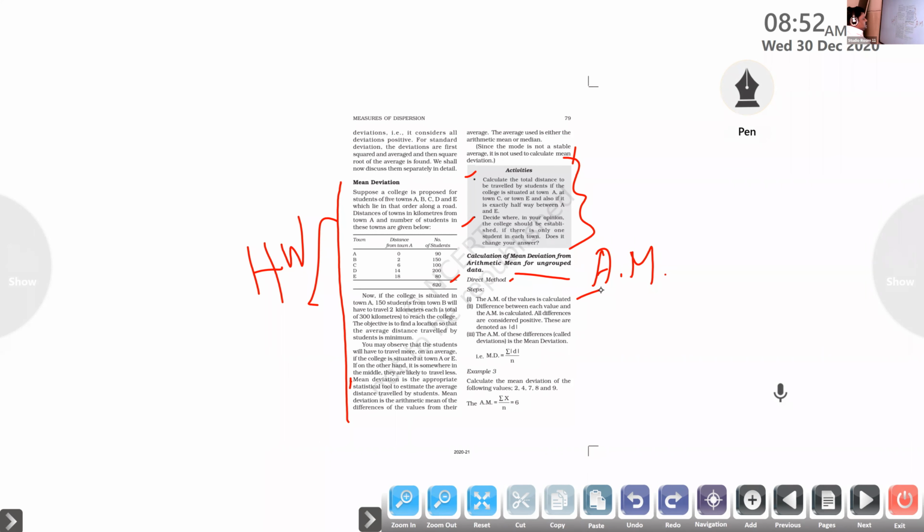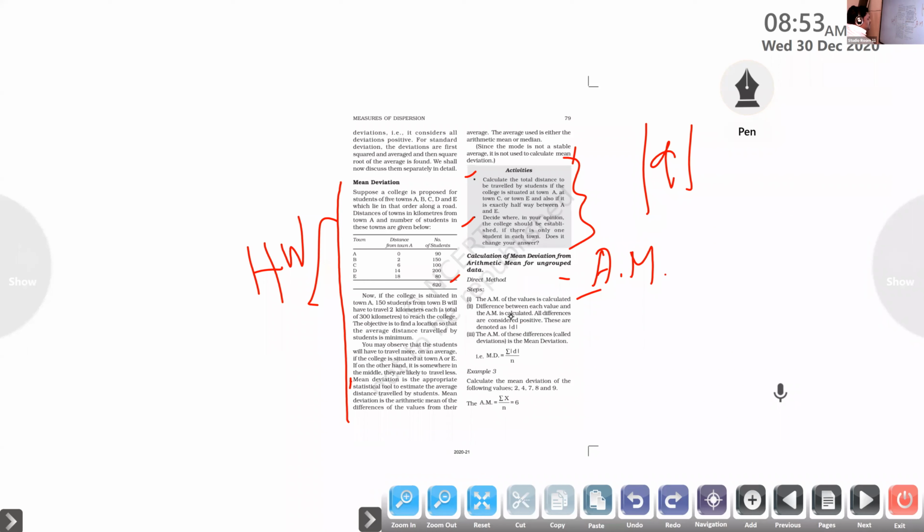Next, the difference between each value and the AM is calculated. All differences are considered positive. These are denoted as D. Clear? So D is absolute, without any signs. That is what these two vertical lines denote. D is an absolute value, not negative, right?